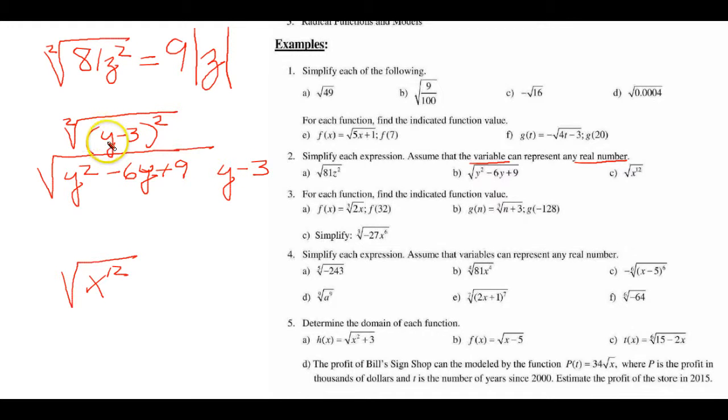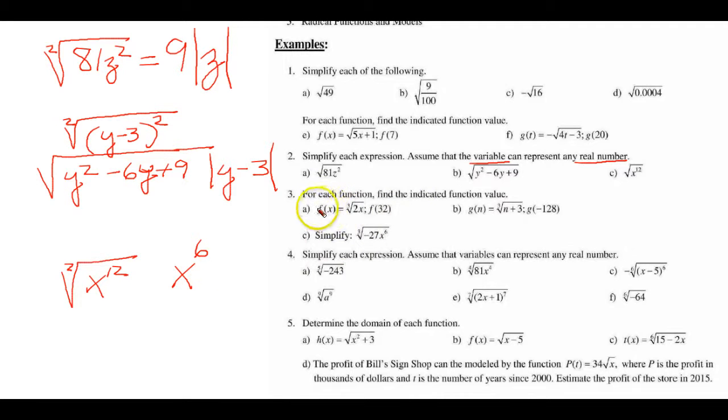But again, this value could have been theoretically negative. So to ensure that we get all the values, we put an absolute value sign there. Again, there's a 2 there that we're going to divide the 12 by 2, and we get x to the 6th. Now, we don't put absolute value there.